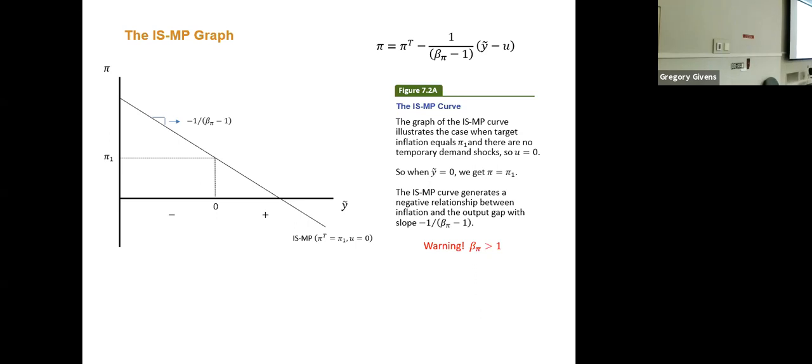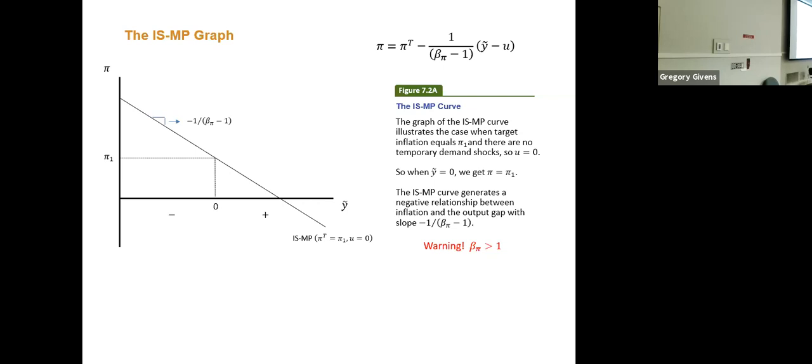Now let's think about this a little bit more, okay? Hopefully this tells you why the ISMP curve is negatively sloped. Michael, as inflation rises, what does the central bank do in this model to the nominal interest rate? It's going to increase the interest rate, right? Higher inflation causes the central bank to raise the nominal rate. But Michael, specifically, how much is it going to raise the nominal rate by?